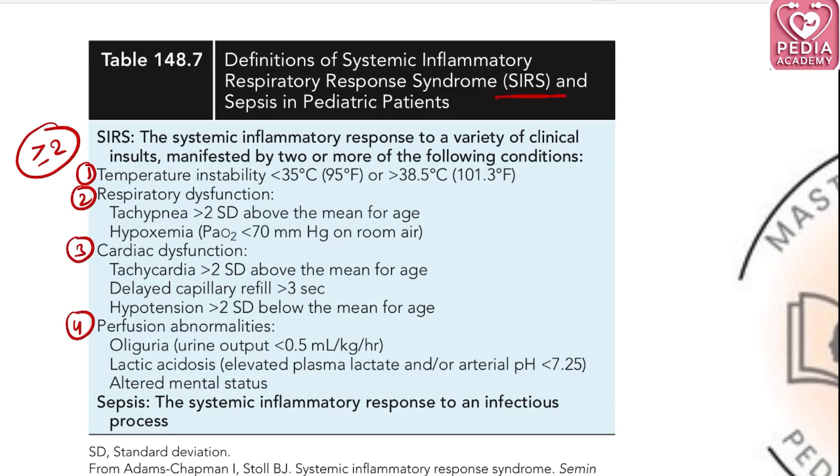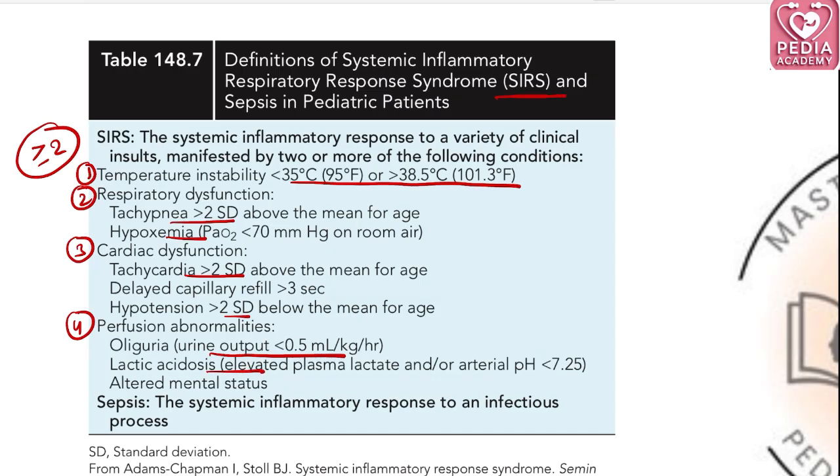Any two or more, so temperature should be less than 95 or more than 101.3. Respiratory difficulties like tachypnea and hypoxia, cardiac dysfunctions like tachycardia and hypotension, you can remember two standard deviations, perfusion abnormalities like oliguria less than 0.5 ml per kg per hour and lactic acidosis.